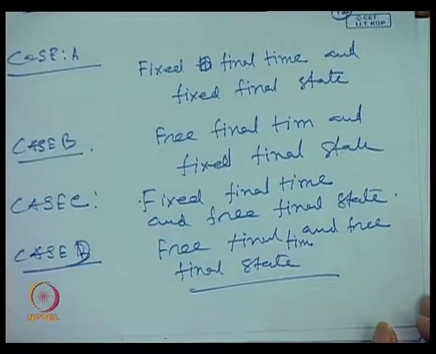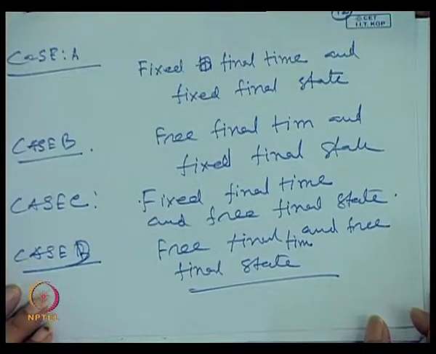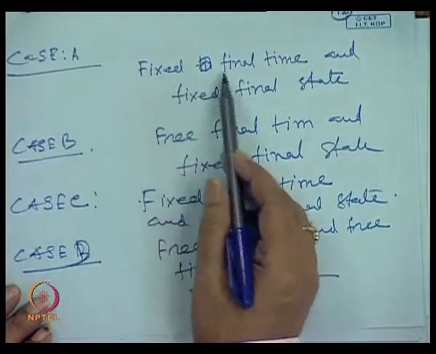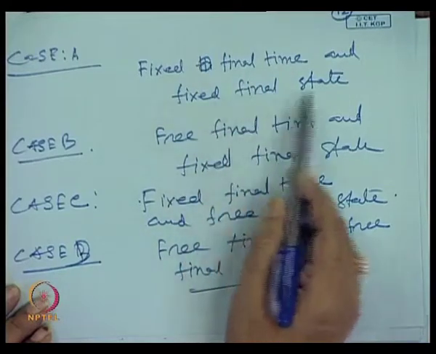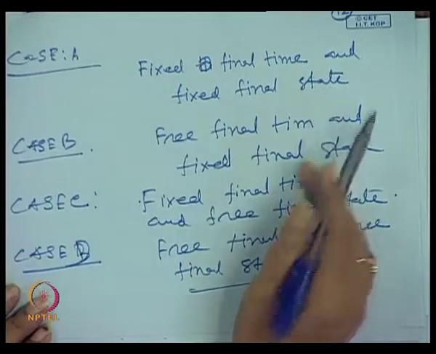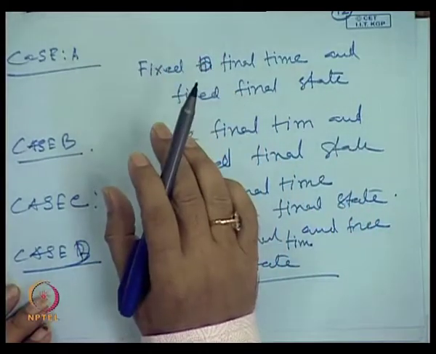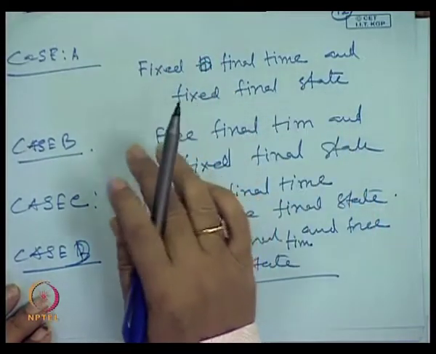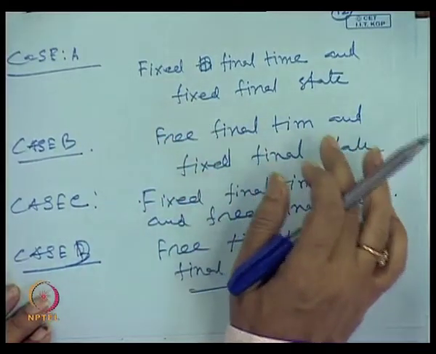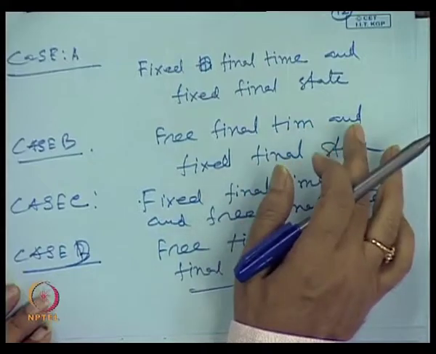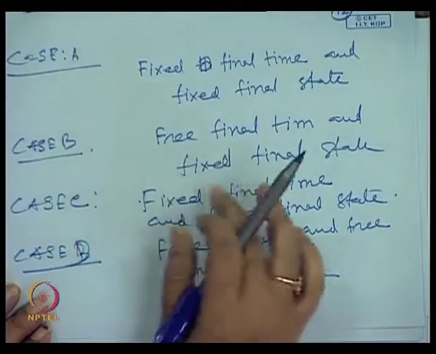So, there are different situations we have discussed. The first case is fixed final time and fixed final state. Then there are the first three equations: del H del u is equal to 0, del H del x is equal to minus lambda dot, and del H del lambda is equal to x dot.